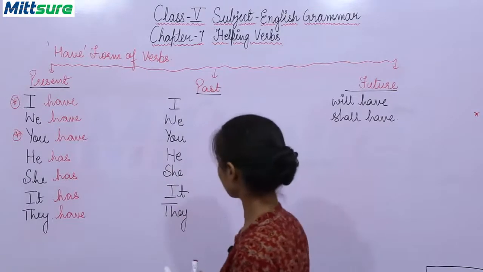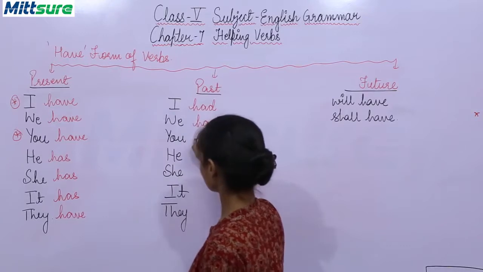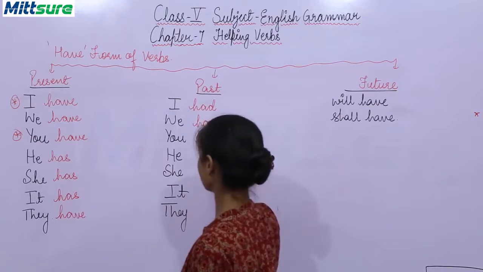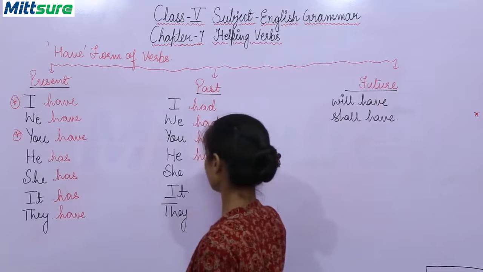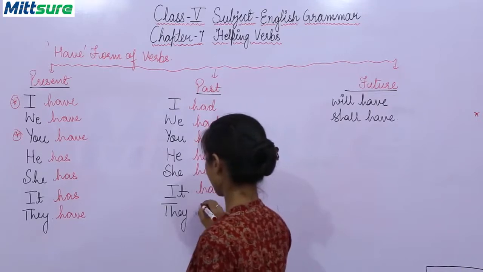So what are you going to write? I had, we had, you had, he had, she had, it had, they had.